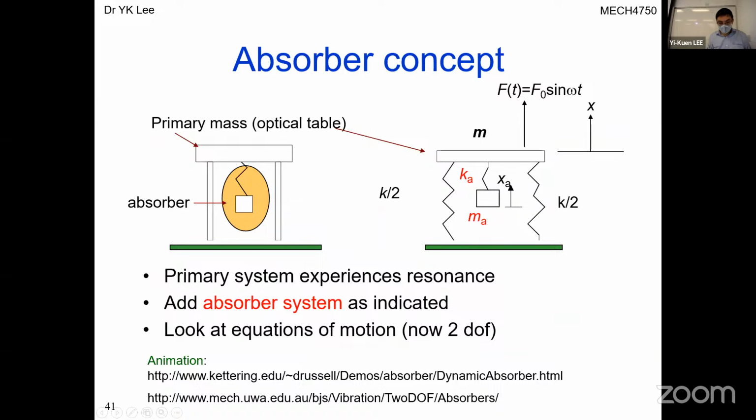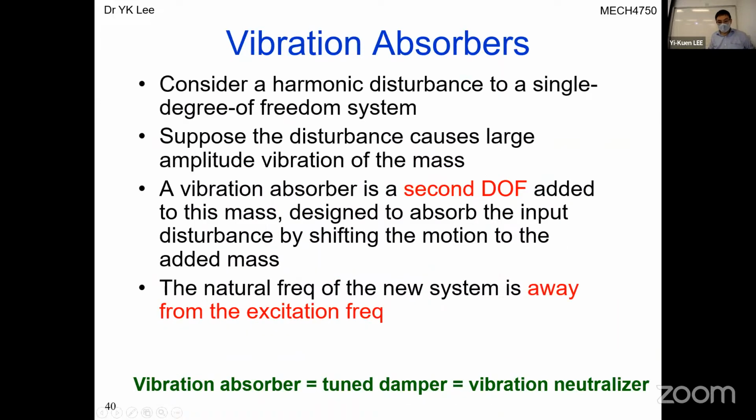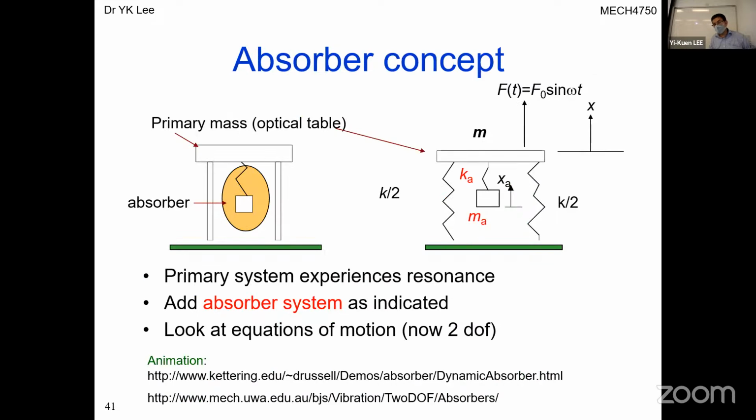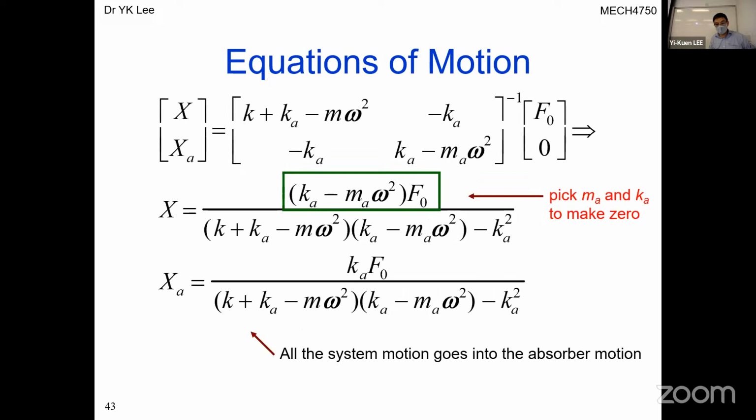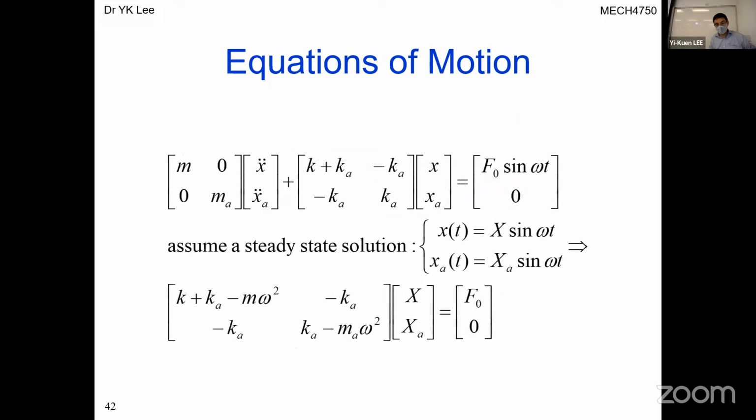Last time I was mentioning the design of a vibration absorber. Basically, it's a 2D freedom model, and we use it to consider the equation of motion.